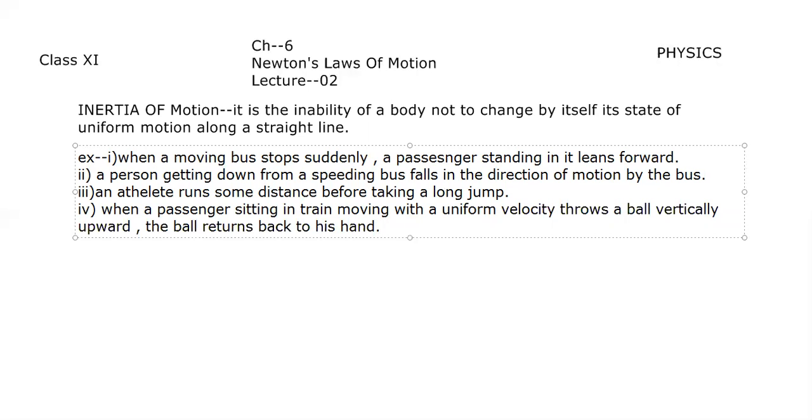Why? Because during its upward and downward motion, the ball continues to move horizontally with the velocity of the train. So all four examples are clear.